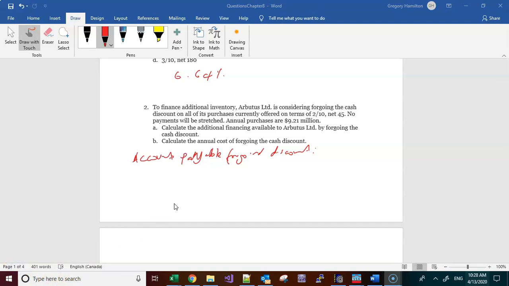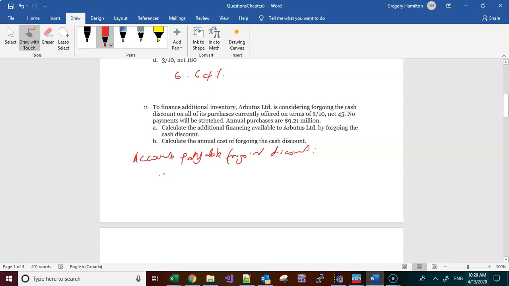So it's accounts payable foregoing a discount. What would that equal to? The question is, this keeps coming off. Nevertheless, we'll continue.